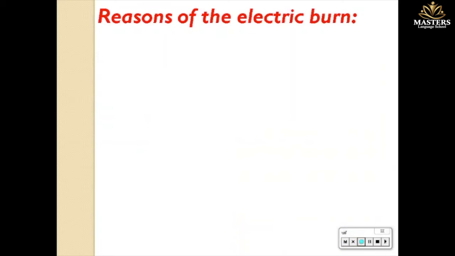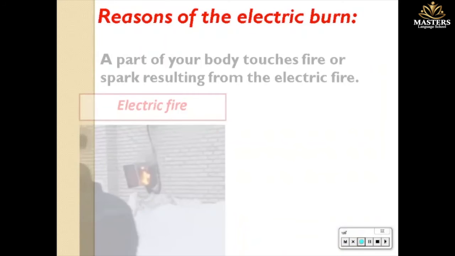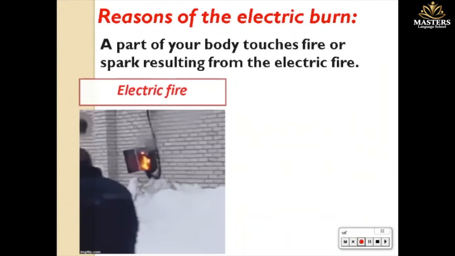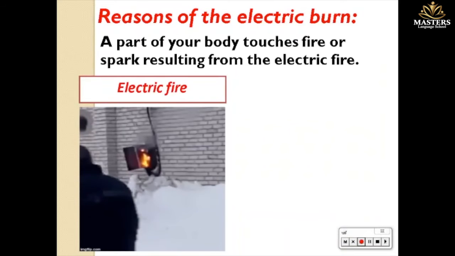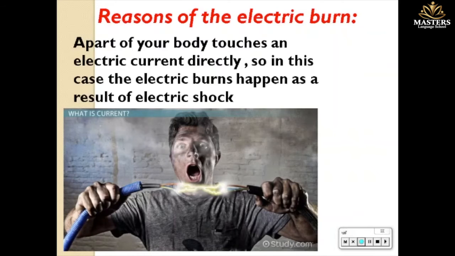The reasons of electric burn: number one, a part of your body touches a fire or a spark resulting from the electric fire. Number two, a part of your body touches an electric current directly.